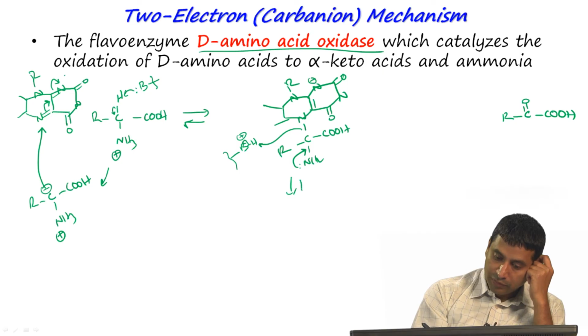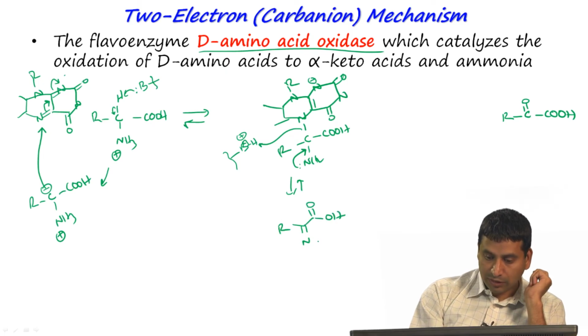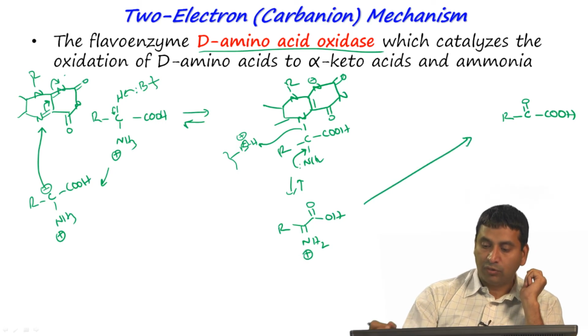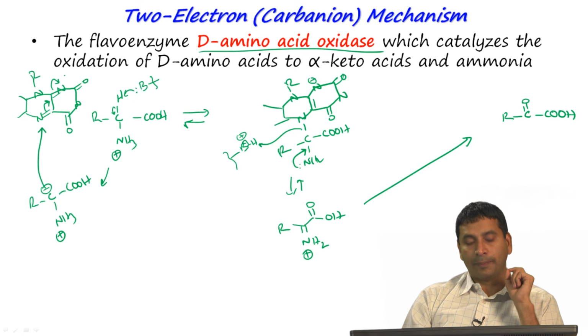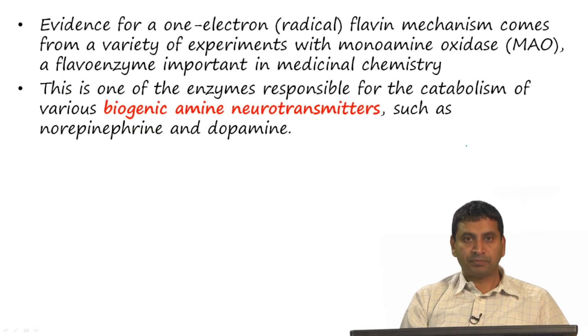So, you end up with a product that is C=N-COOH-R, which then undergoes hydrolysis to give you the ketone. Okay. So, this is the 2 electron mechanism in a nutshell. There are many standard books wherein you can obtain this mechanism.